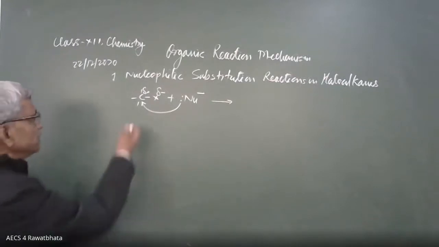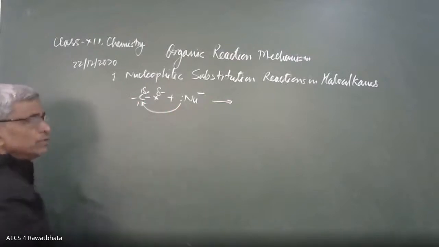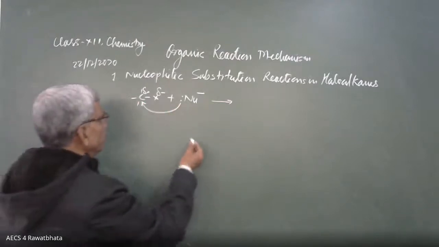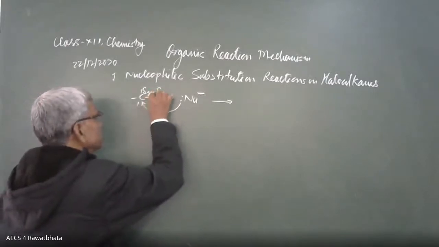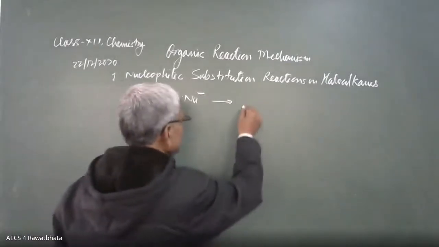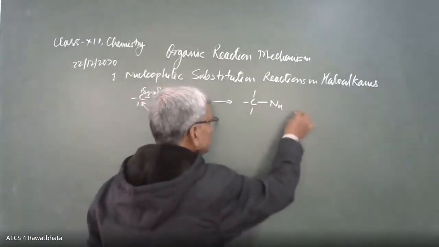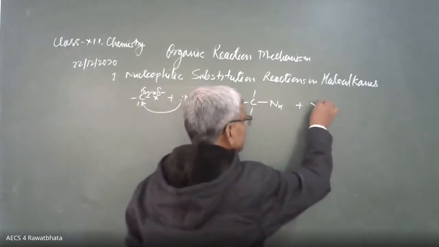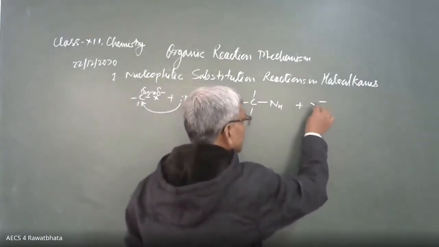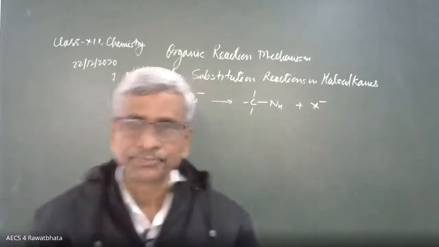Carbon is positively charged here, it is the nucleus of the molecule, and the nucleophile approaches this carbon and replaces the substituting halogen. This X goes out in the form of halide. Here is the product, Nu plus X minus. This is the nucleophilic substitution product.